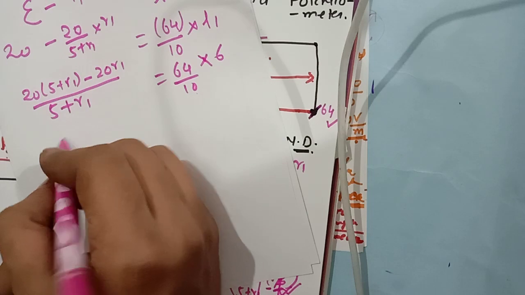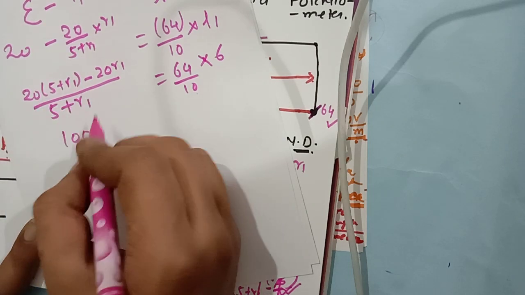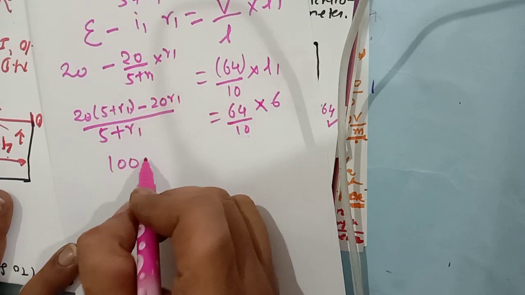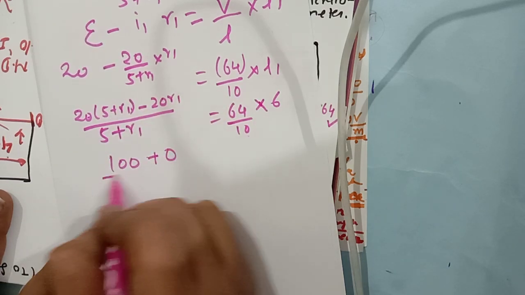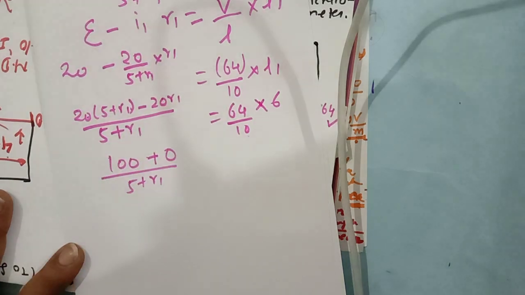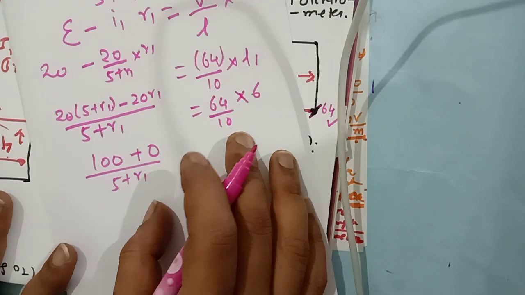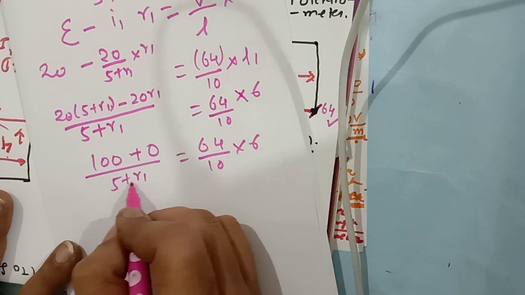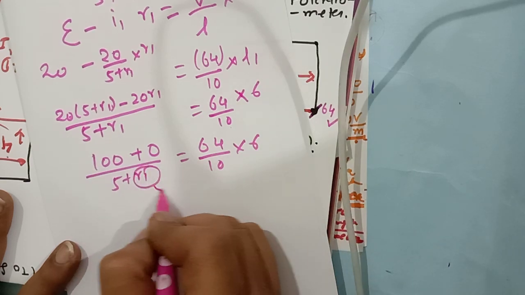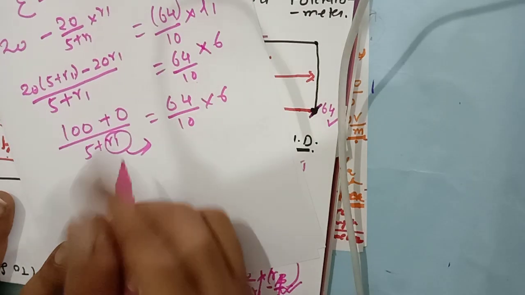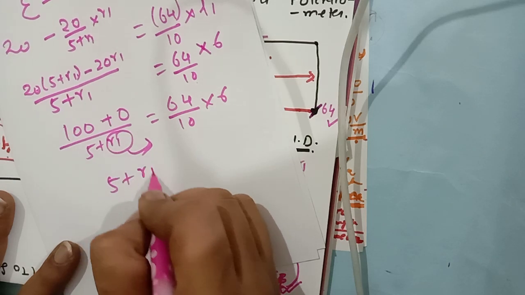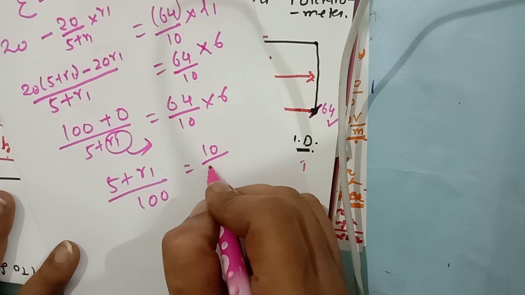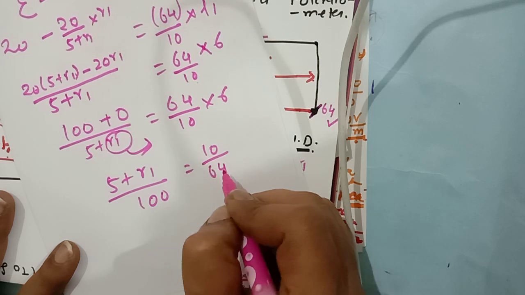So 20 into 5, 100 plus 20 R1 minus 20 R1, plus 0, by 5 plus R1, right? Equals 64 by 10 into 6. The only variable over here is R1. You can find it: 5 plus R1 by 100 equals 10 by 64 into 6.